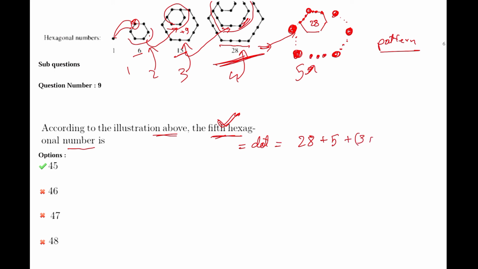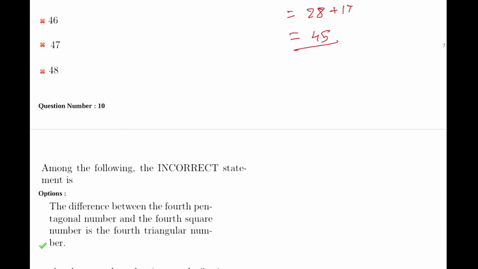So 3 into how many, 1 2 3 4, 4 extra sides, so 28 plus 5 plus 12, which is 28 plus 17, which is 45 dots. So the fifth hexagonal number is 45.